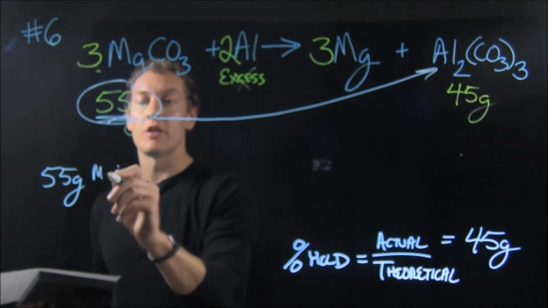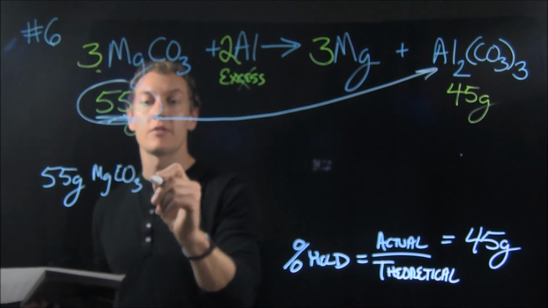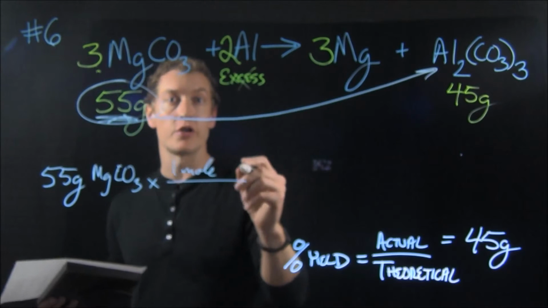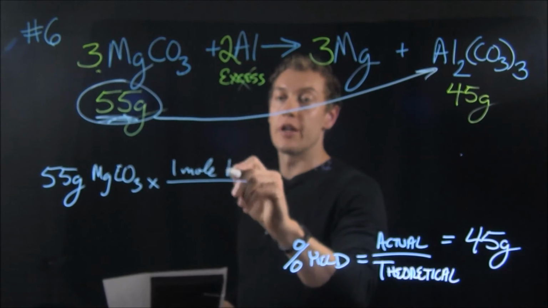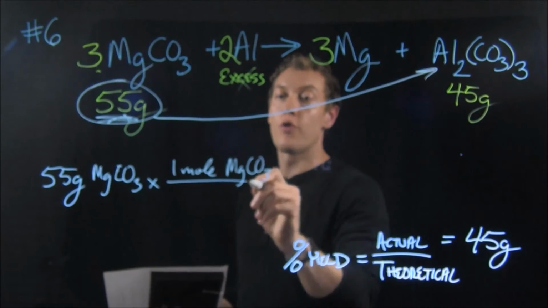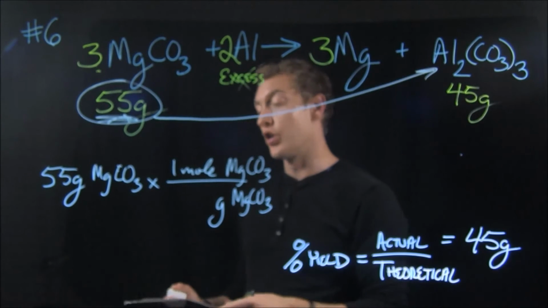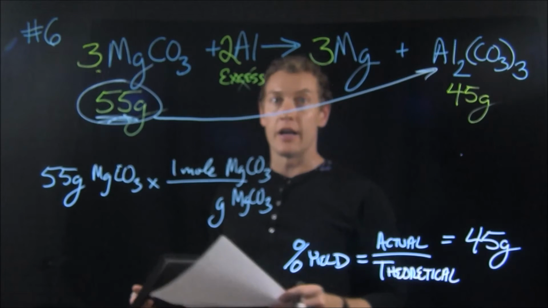55 grams of magnesium carbonate times 1 mole, because that's what we want to convert to, of magnesium carbonate for a certain number of grams of magnesium carbonate. Go to your periodic table and add that up.